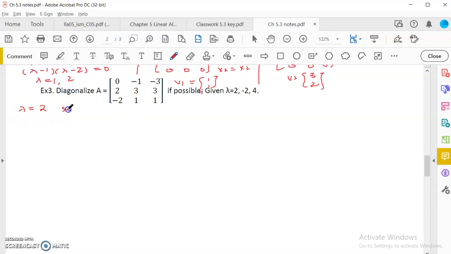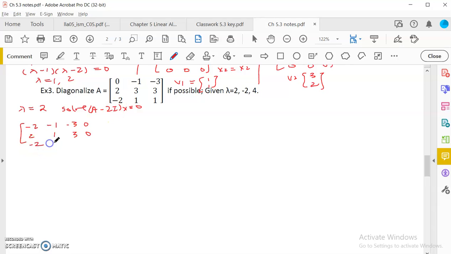So that means solving, just like the first two examples, A minus 2I times x equal to 0. You would have to do an augmented matrix of negative 2, negative 1, negative 3, 0. I skip a step: 2, so minus 2, so it becomes 1, 3, 0.